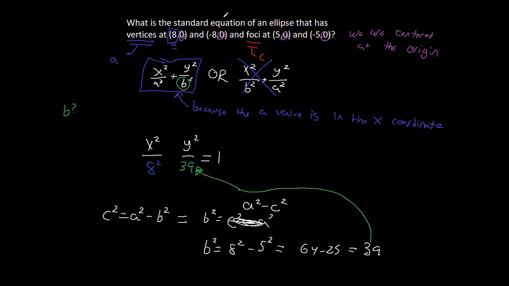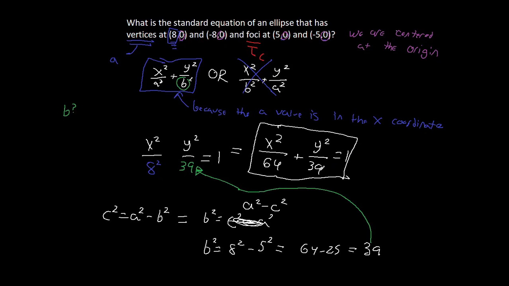So we can rewrite this now as x squared over 64 plus y squared over 39 equals 1. This is the standard equation for the ellipse. And because a is always bigger than b, and a is under the x coordinate, we know this ellipse would be horizontal, wider than it is tall.